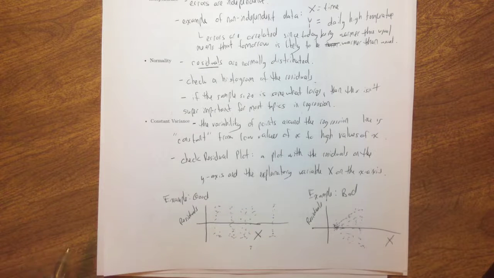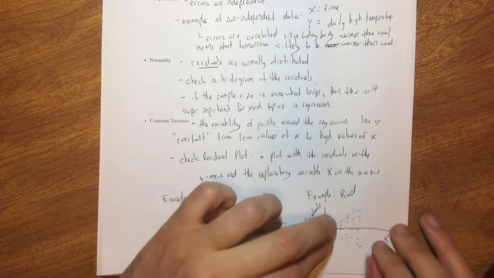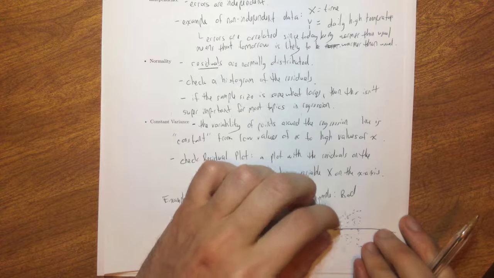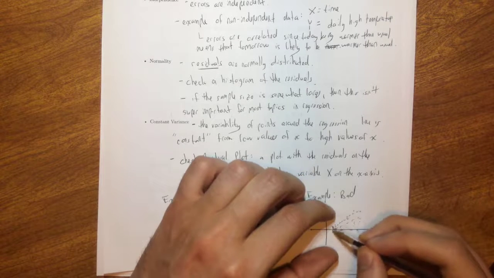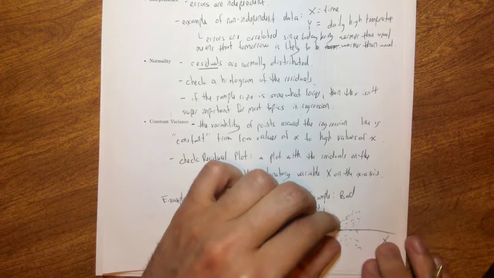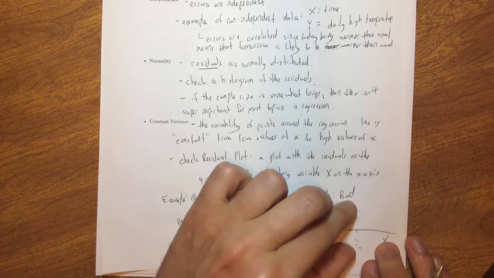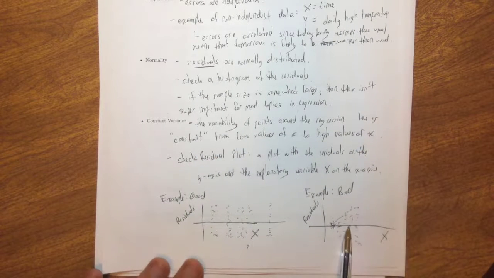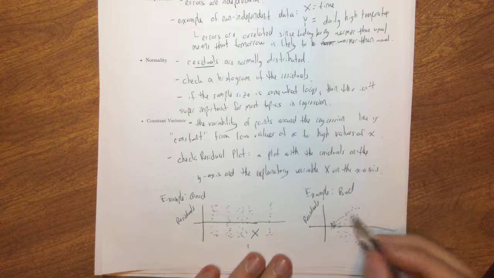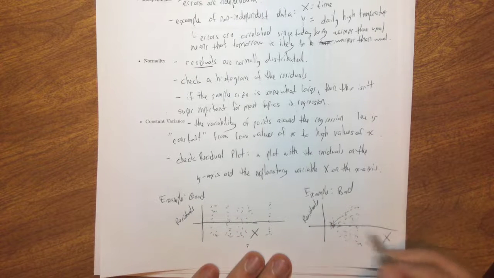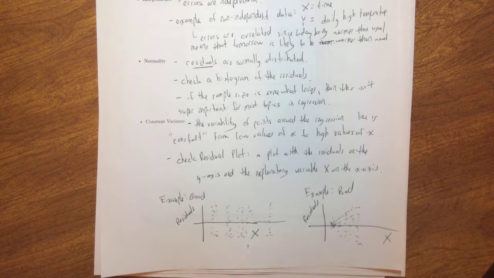In this example, I am starting at a small value of x, and the spread of those residuals is really tiny because they're clustered around that x-axis line. But as I move across, the spread keeps getting bigger and bigger. So this is an example where this assumption doesn't hold because the spread increases as we move across the x-axis.